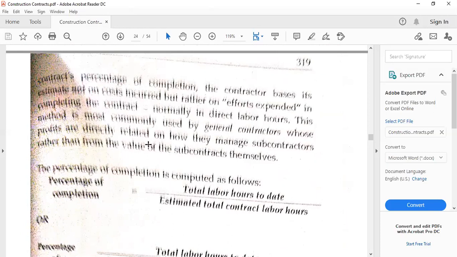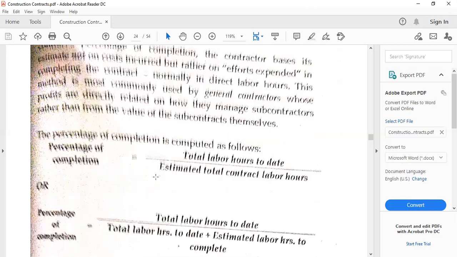An example of this would be the direct labor hours as commonly used by general contractors whose profits are directly related to how they manage subcontractors rather than from the value of the subcontracts themselves, or rather from the costs. They have noticed the relationship of the profits to the number of labor hours expended.